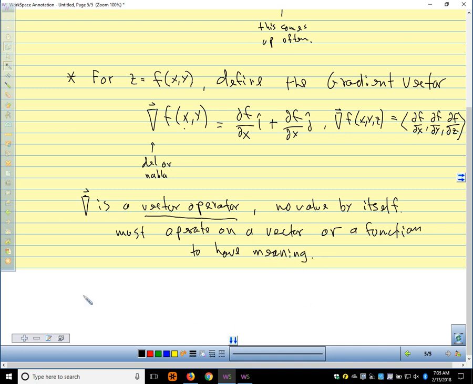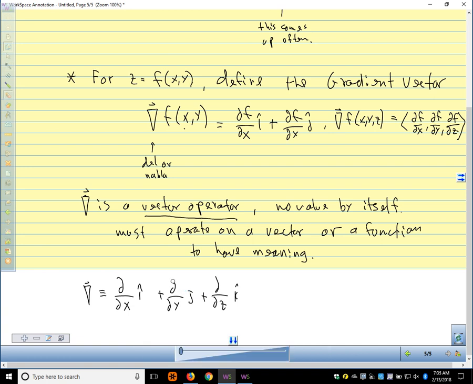By itself, we say del is defined as the partial with respect to x, i hat, plus the partial with respect to y, j hat, and I'm just going to write it in three dimensions, plus the partial with respect to z, k hat.